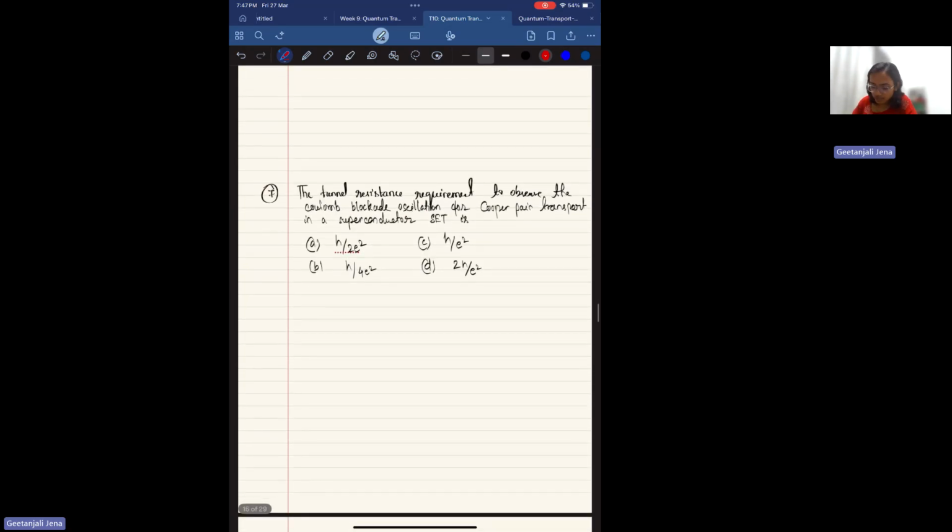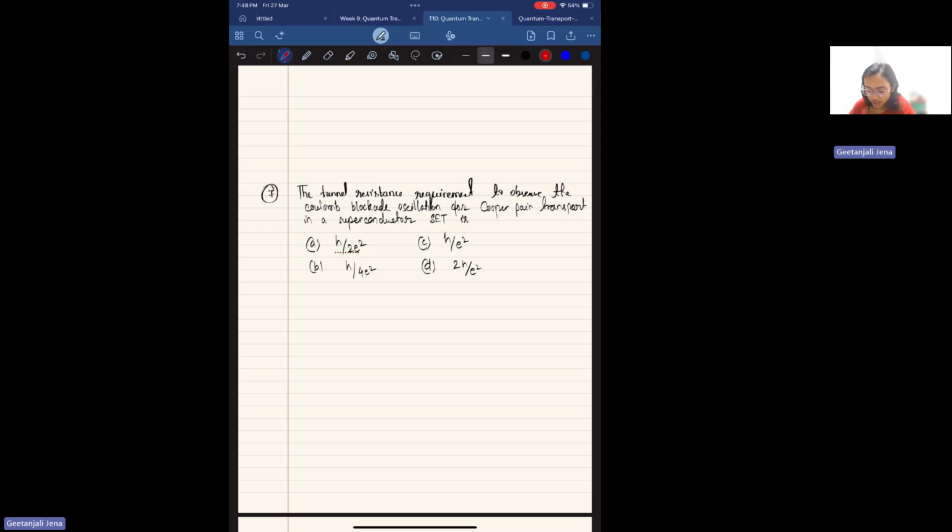Okay, question number 7. The tunnel resistance requirement to observe the Coulomb blockade oscillation for Cooper pair transport in a superconducting SET is. So, what is the tunnel resistance requirement in a superconducting SET for Cooper pairs?